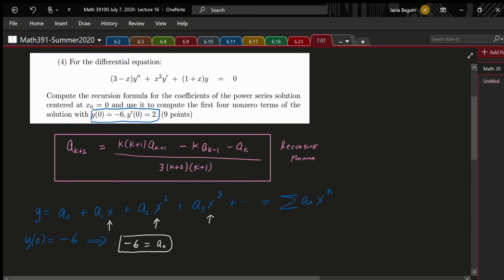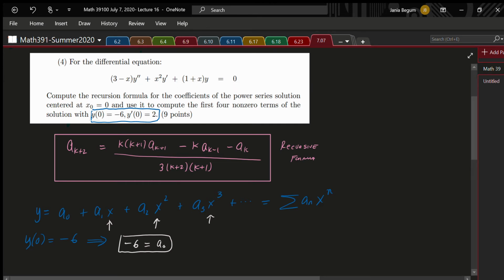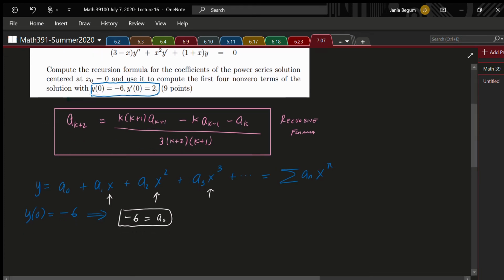And then what about the second condition? Where do you apply the second condition? Good. So if we compute the derivative of our solution, we have y prime equals, a0 goes to 0 because that's a constant, a1 plus 2a2 x plus 3a3 x squared and so on, right?